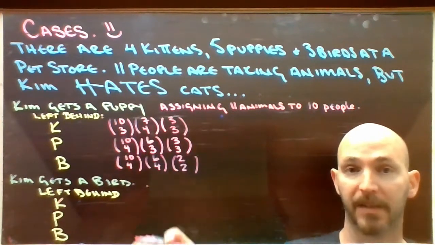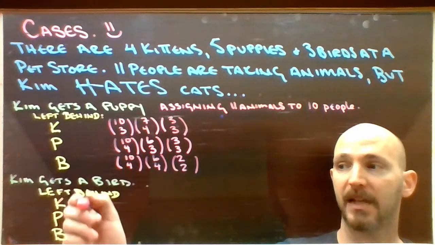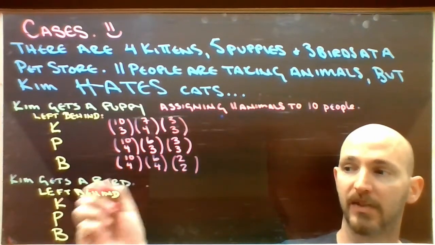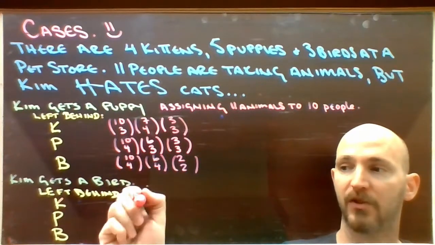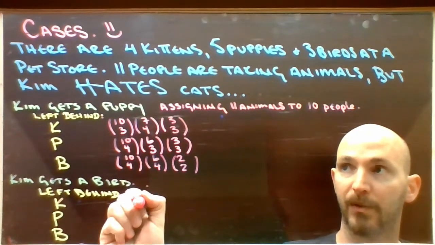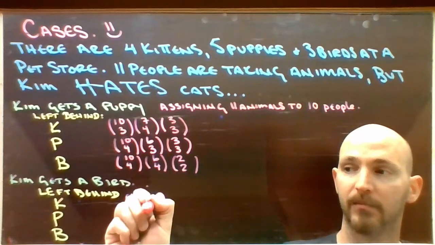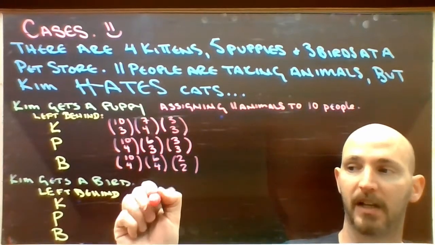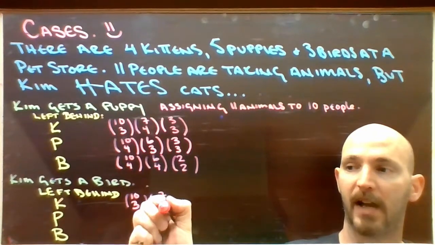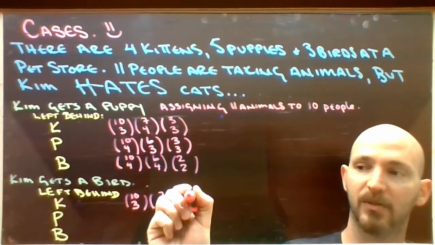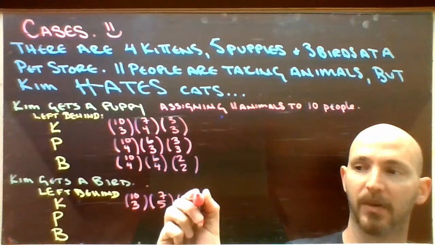If we carry on with this little exercise, if Kim takes a bird and there's a kitten left behind, then out of those 10 people, we have to choose 3 to take a kitten, because 1 kitten gets left behind. The 7 children remaining get to choose from all 5 of the puppies, and the 2 kids remaining get stuck with the 2 birds.